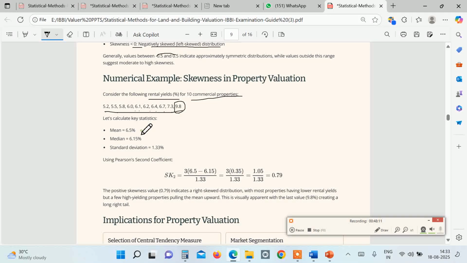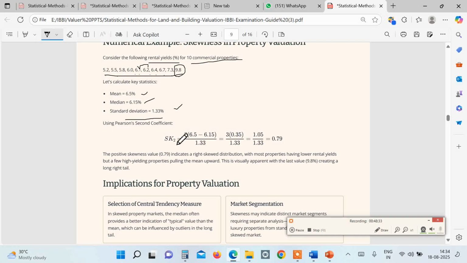It is 6.5%. The median: having an even number of values, you take the average of the two middle values, 6.1 and 6.2, which is 6.15%. The standard deviation you calculate is 1.33%.